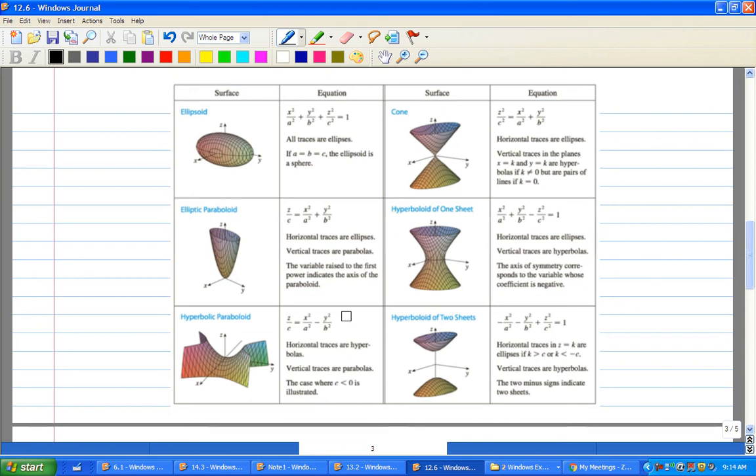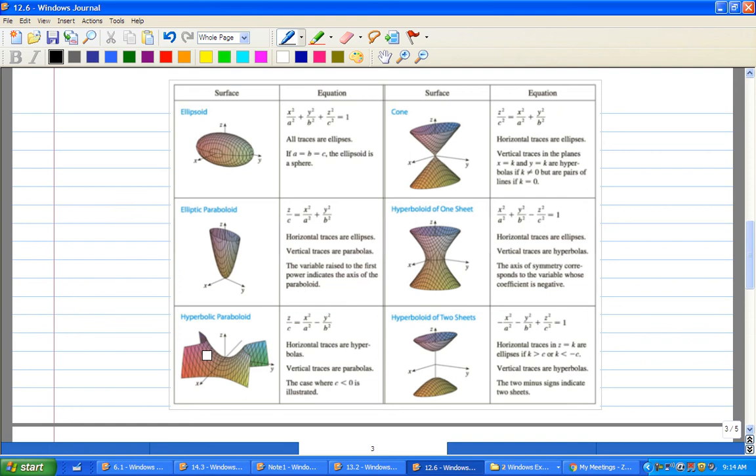Now a hyperbolic paraboloid is similar, except you have a minus. So z over c equals x squared over a squared minus y squared over b squared. It looks like some sort of saddle. The horizontal traces are hyperbolas.